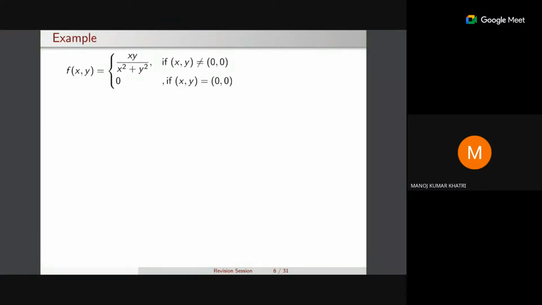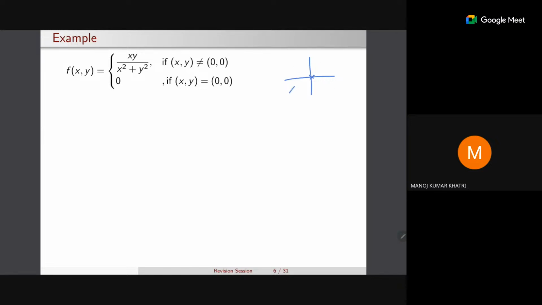I have this function f(x, y) given by xy divided by x squared plus y squared when (x, y) is not equal to the origin, and it is defined to be 0 at the origin. You cannot just substitute (0, 0) in the first expression because the denominator becomes 0, correct? So it is defined differently at the point (0, 0), and outside it is defined as something else.